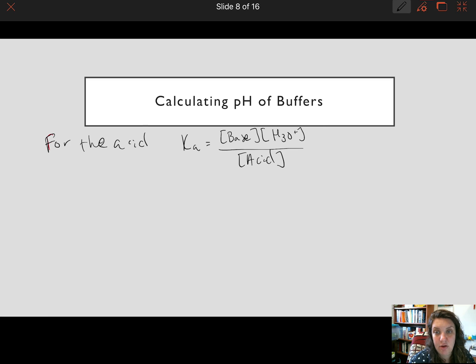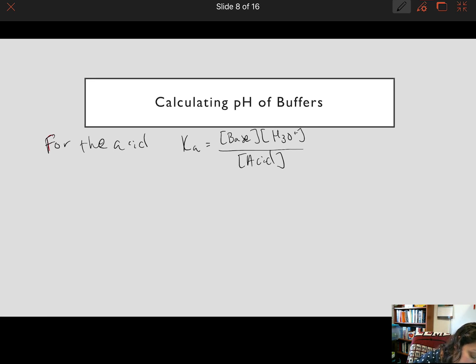We can rewrite this as H3O plus concentration is equal to Ka times acid concentration over base concentration.